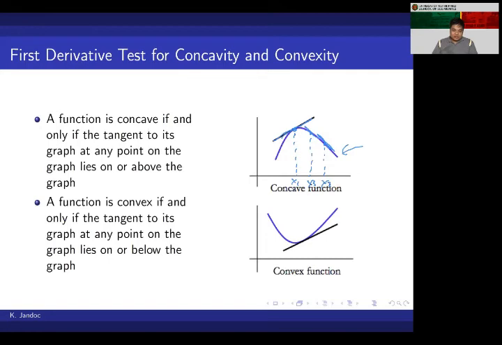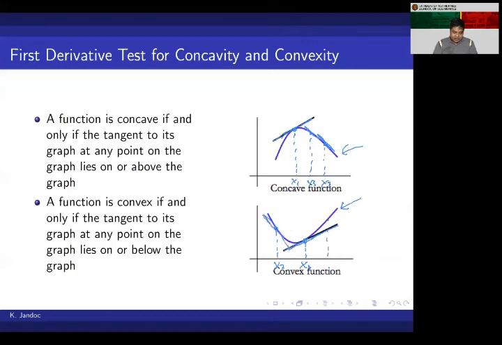Analogously, for a convex function like the one found here, pick any point. Let's start with this one because this is already illustrated. Let's start at x1. The tangent line at x1 is below the graph. At x2, it's still below the graph.